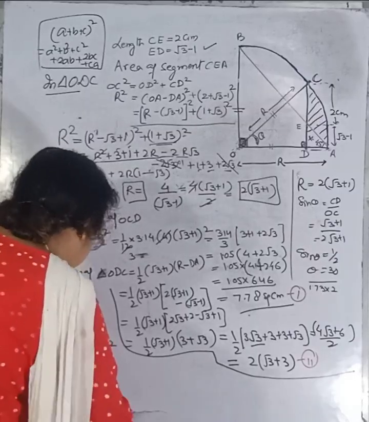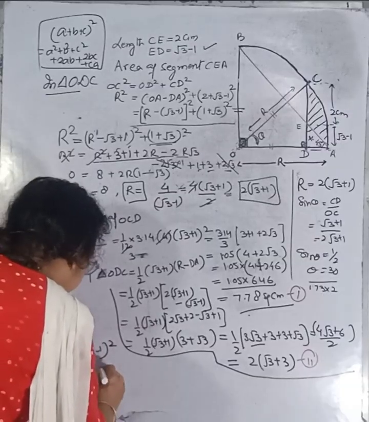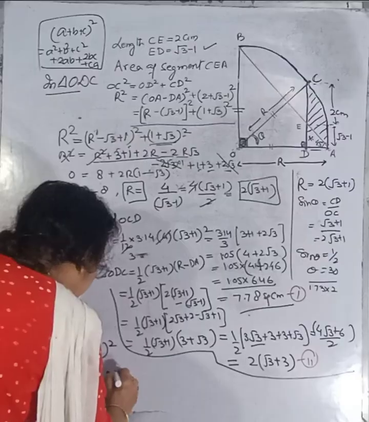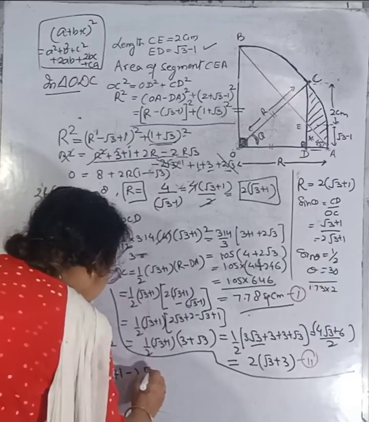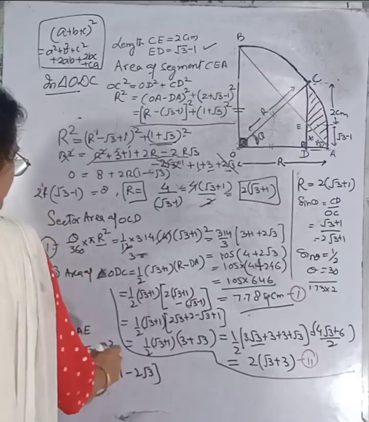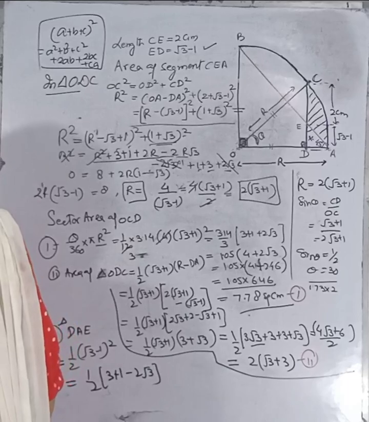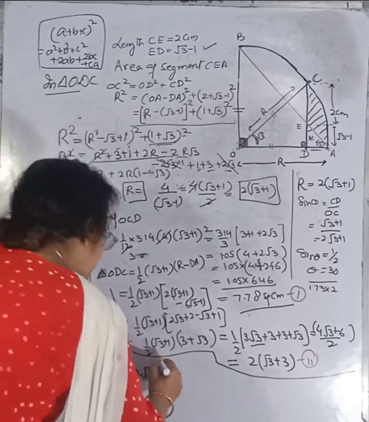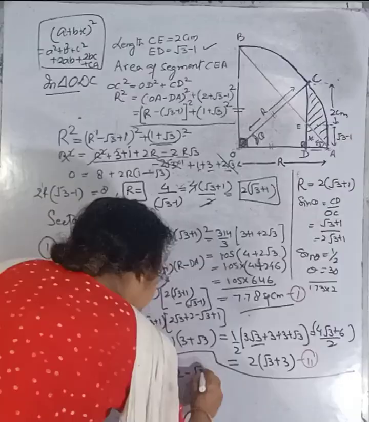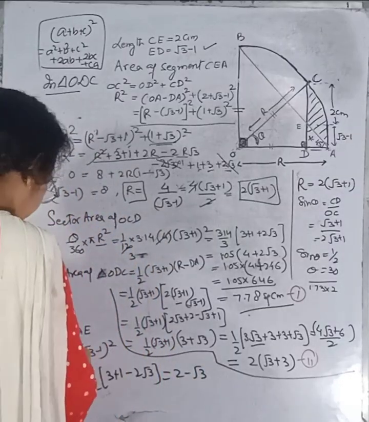Now this will be equal to 1 by 2 into root 3 square is equal to 3 plus 1 minus 2 root 3. Okay. This is 4 minus 2 root 3. Further we can take common, we'll get 2 minus root 3. Okay.